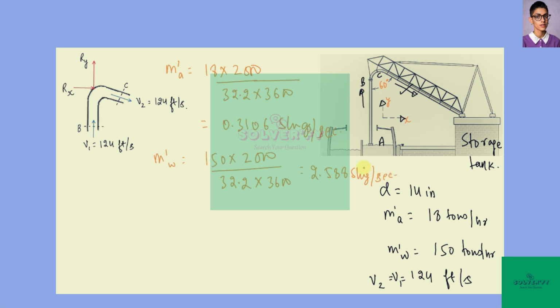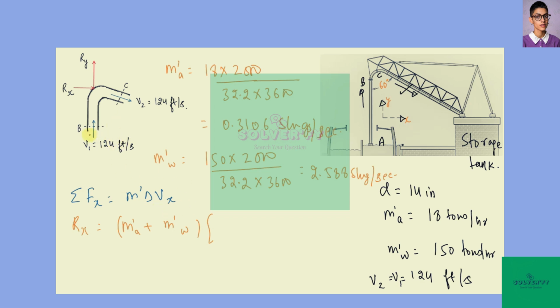Now we can apply the equations of motion in the x and the y direction. First we'll apply it in the x direction. So sigma Fx will be equal to m dot delta Vx. In the x direction we have only one force, that is Rx. So Rx will be equal to m dot, we have to take both m dot a plus m dot wheat, times the final velocity minus the initial velocity.